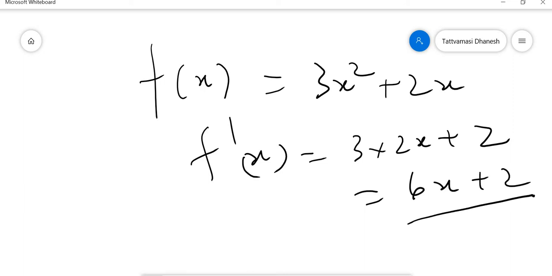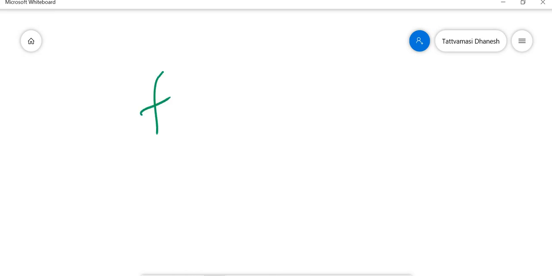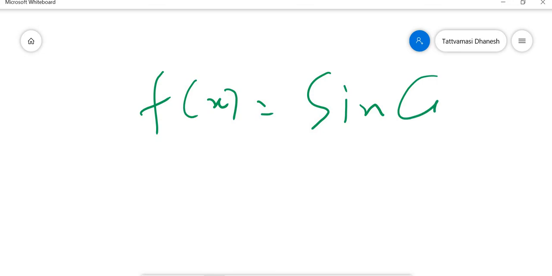But consider this function. For example, you have f of x is equal to sine of cos x. Normally you would get sine x, but here it is sine of cos x. Then what would be the derivative?